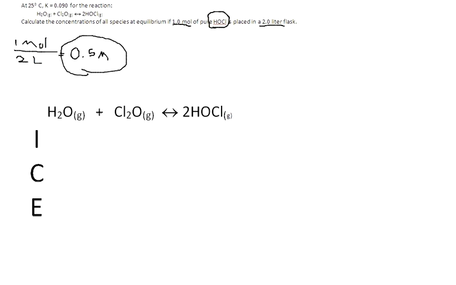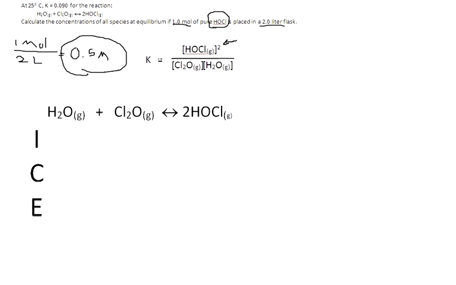So next we need to figure out what our K equation is. I already created it for you, so I'm just going to show you. But remember, the K equation is equal to the products over the reactants. K equals the products, which is our lovely HOCl here, and notice it is squared.